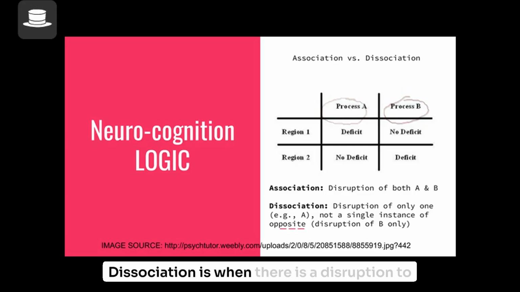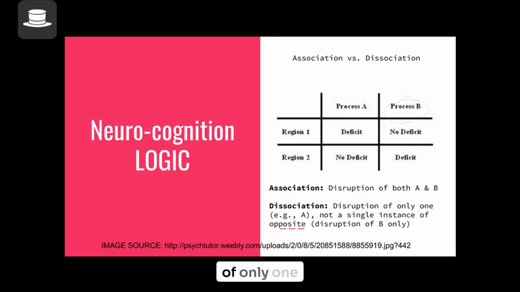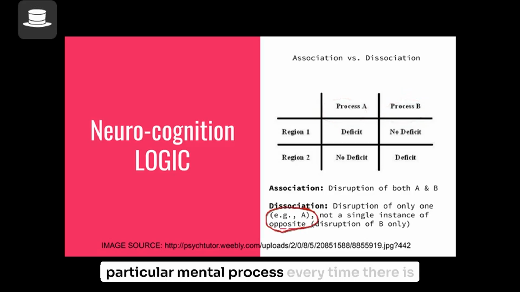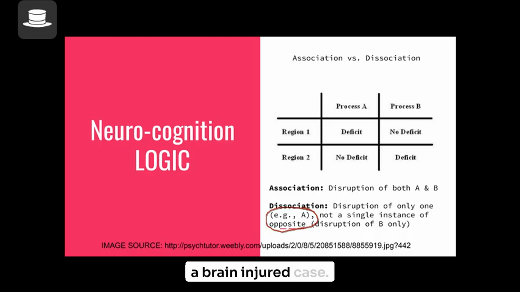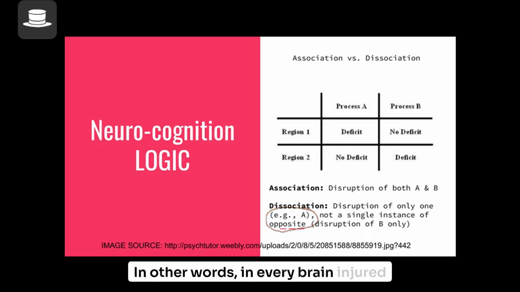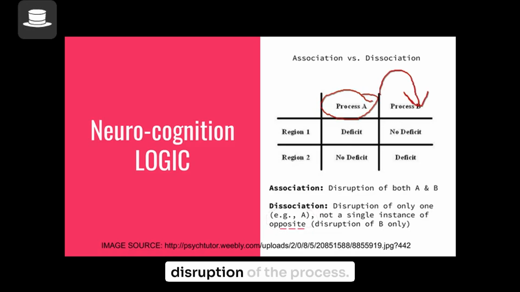Dissociation is when there is a disruption of only one particular mental process every time there is a brain injured case. In other words, in every brain injured patient that has a disruption in a particular mental process, there's definitely no disruption in the other process.